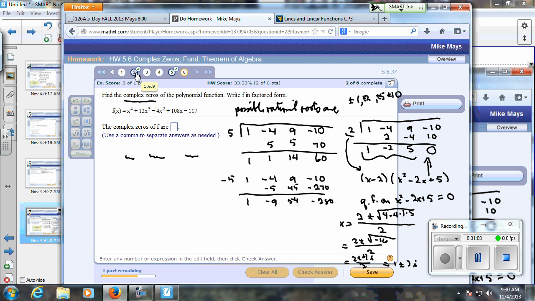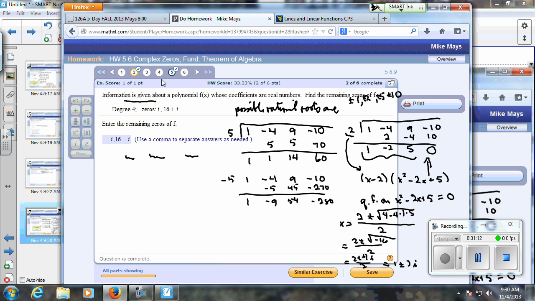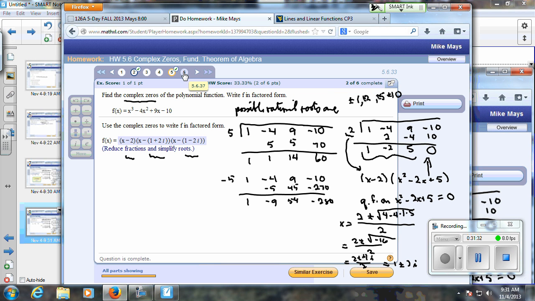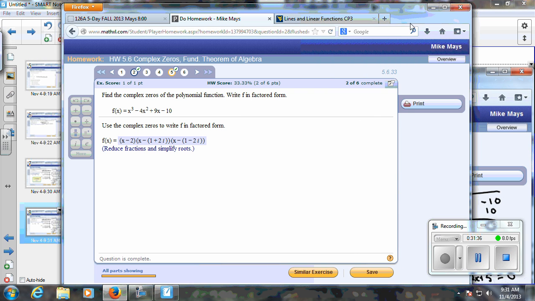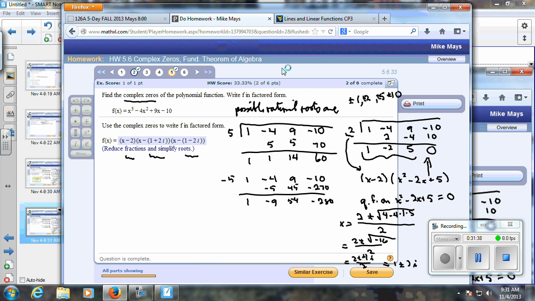Let me do it again to make double sure. Capture that.